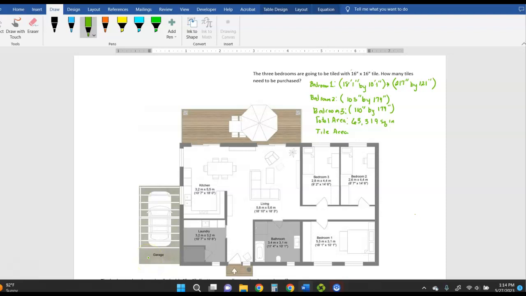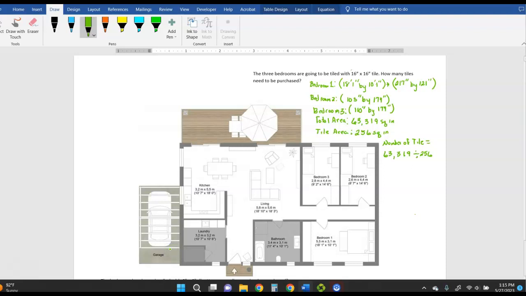So 16 times 16 is 256 square inches. Now that we have the same units, we can find the number of tile, which is going to equal 63,319 divided by our 256, and that's going to tell us how many tile we're going to need.